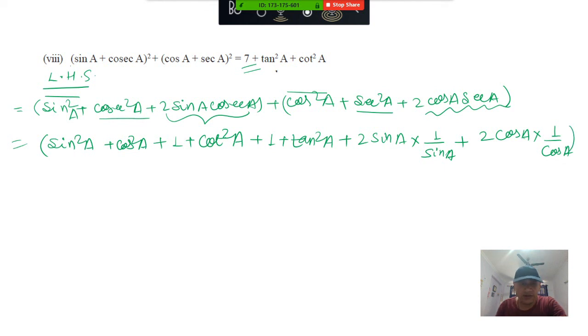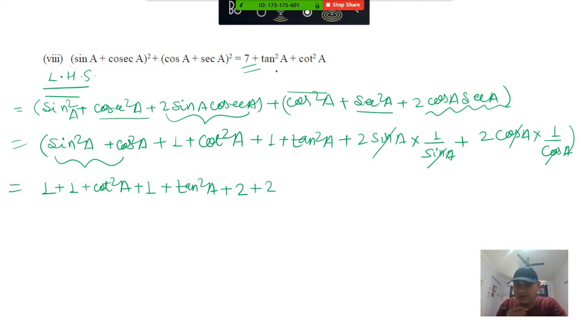Okay, let's close the bracket now. So this sin square a plus cos square a becomes 1, and this 1 becomes plus 1, plus cot square a. Let me write it together here as of now. Plus tan square a. This sin a gets cancelled, so this becomes 2. This cos a gets cancelled, so this becomes 2.